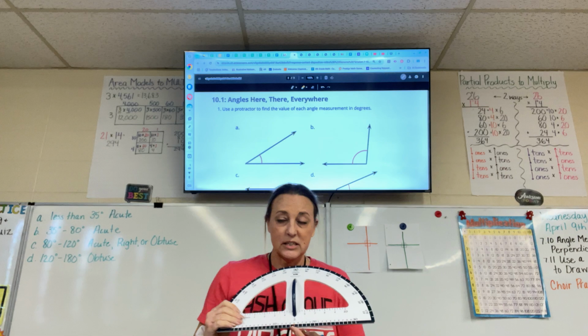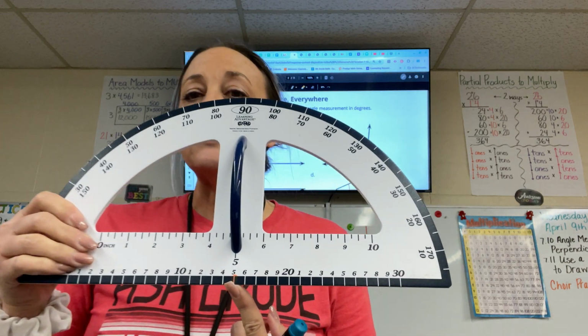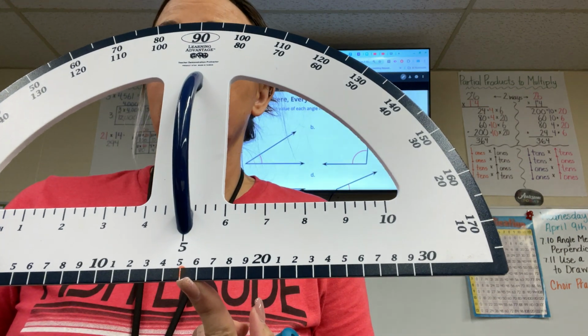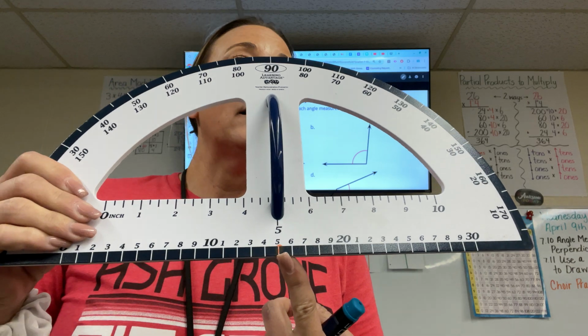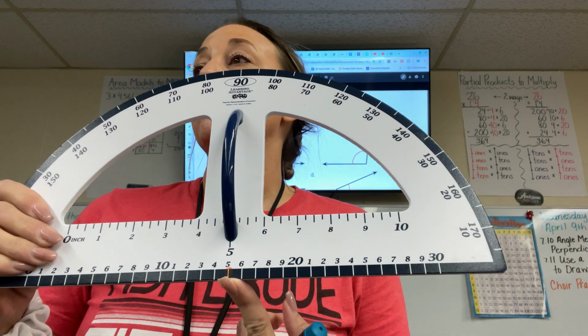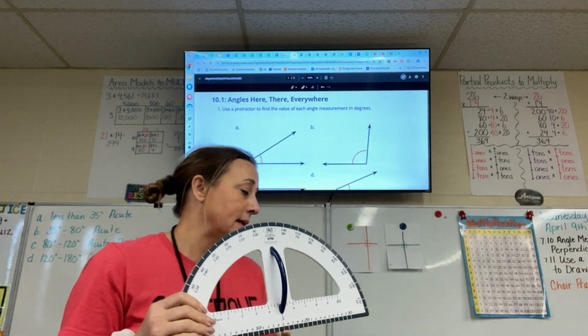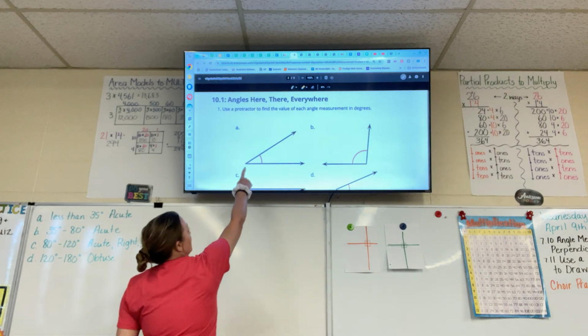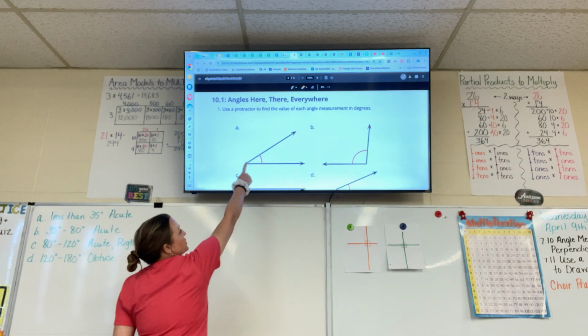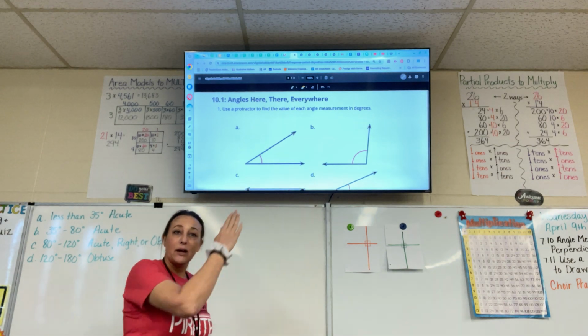On the bottom of this protractor, there is a red dot that you put on the vertex of the angle, where the two rays or segments meet. That's this right here. They both start right there, right? Because they have arrows going out.